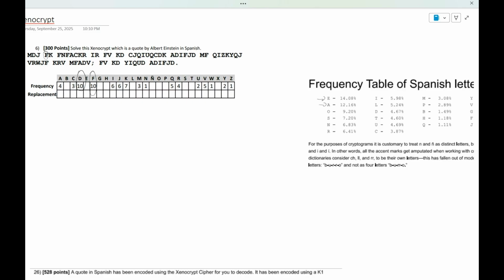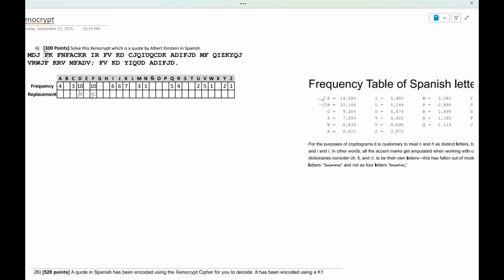So I think it's a pretty good guess to say that F stands for E because you can think of, like, "en", right? "el". So all of those start with E. So we're going to guess that F is E and D is A.